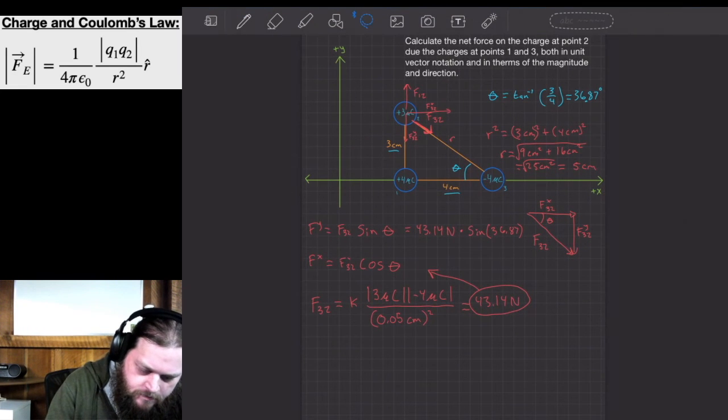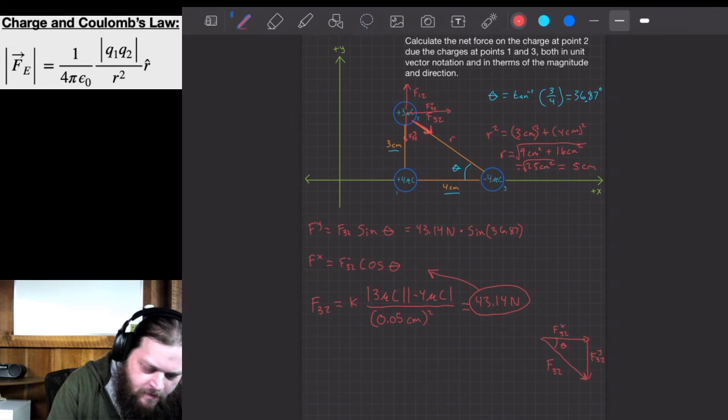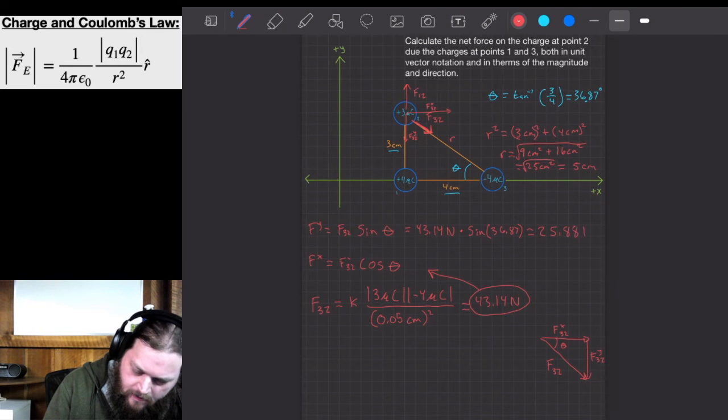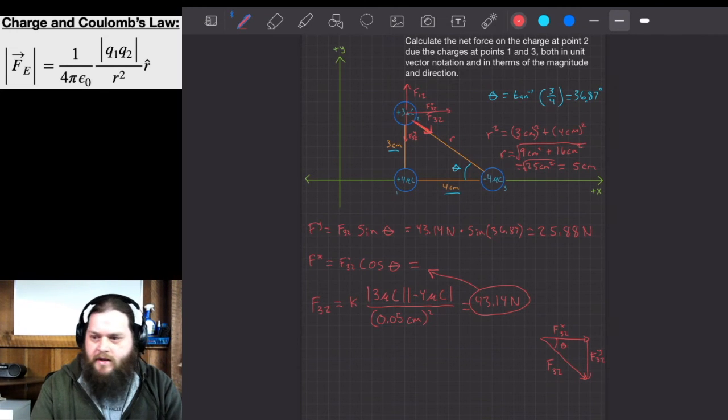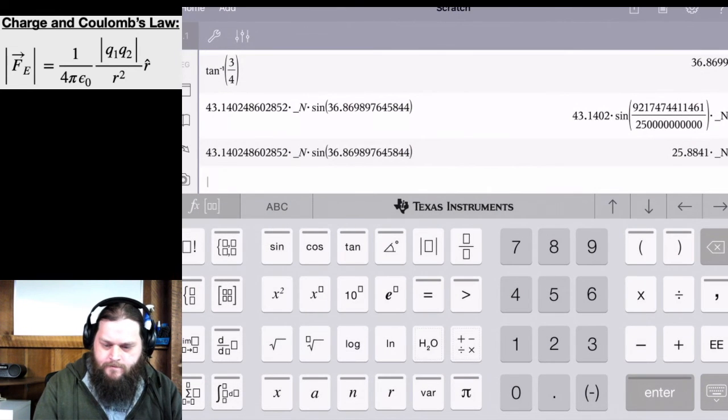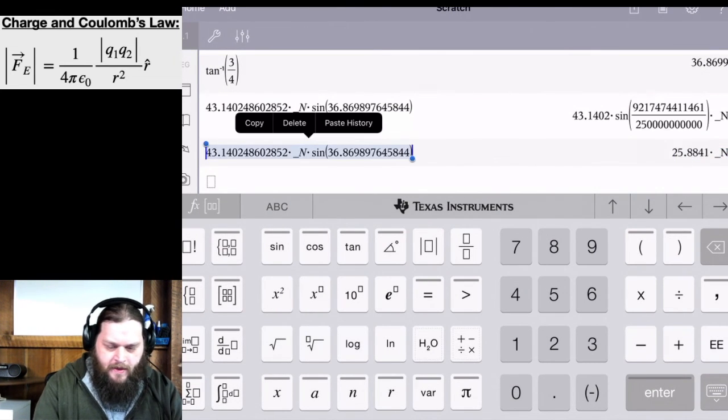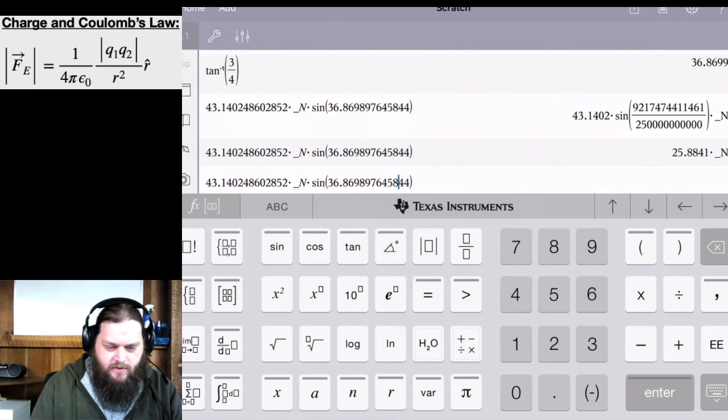I'm going to move my force triangle down. So that's equal to 25.88 newtons. Doing the same thing for cosine is easy enough. Paste in this guy, but change it to cosine.